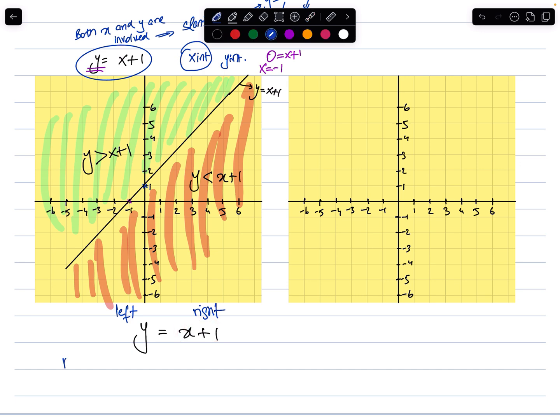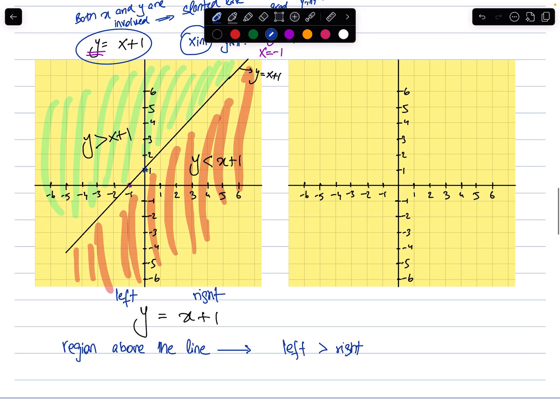Please remember this and do not forget this, that region above the line जब भी होगा मेरा बेटा, तो the left side would be greater than the right side. You will not rearrange the equation. No matter how it looks in the question, you will not rearrange it, and you will simply do left side is greater than the right side.